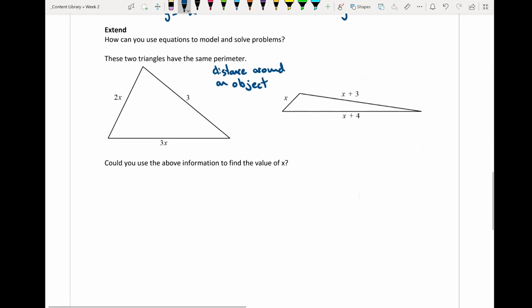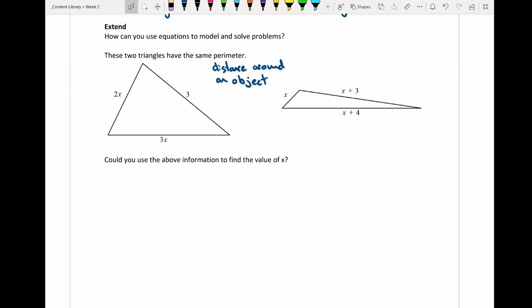Well, I can figure out the perimeter of each by adding up all the sides. So the perimeter of 1 and the perimeter of 2, I should be able to solve because it's just side 1 plus side 2 plus side 3. And the same goes for the other triangle.